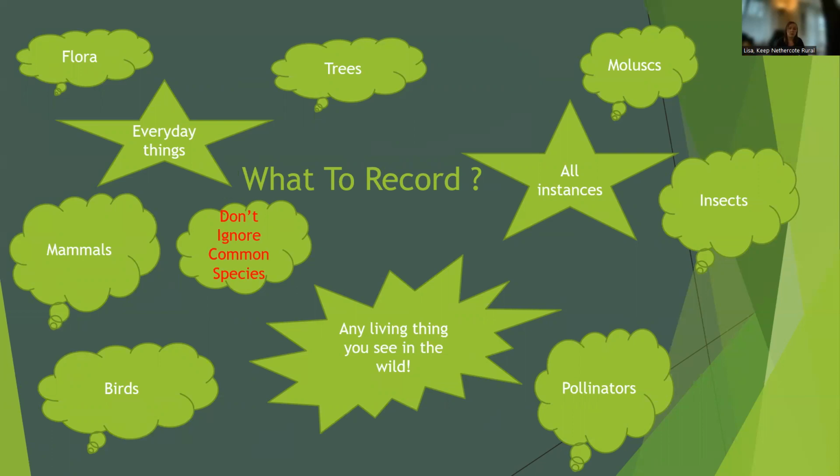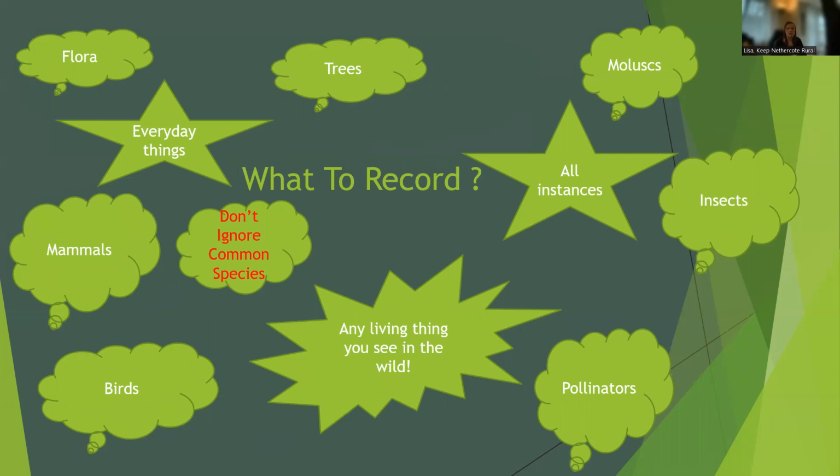But of course, if a bird flies into your garden, then you would record that. So it's not to say that you can't record in your garden. It's just that the records are for things that you find in the wild.